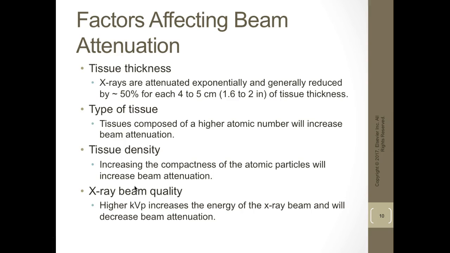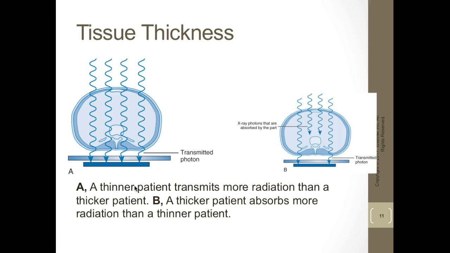So with the X-ray beam quality, a higher kVp increases the energy of the X-ray beam and will decrease the beam attenuation. So it's more likely to pass through. So here you can see a thinner patient transmits more radiation than a thicker patient, and a thicker patient absorbs more radiation than a thinner patient.